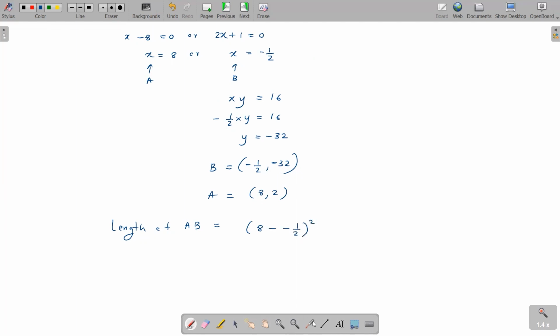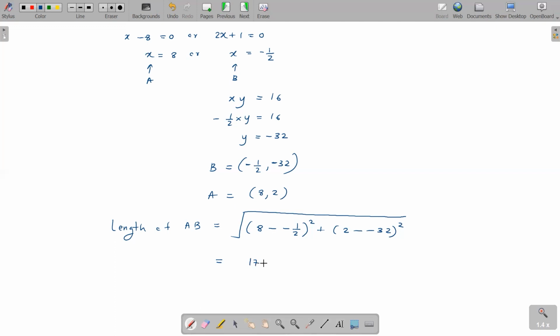Be cautious here, there are the minus signs. x1 minus x2 is 8 minus minus half, plus y1, it should be 2 again because we started with the A coordinate, minus y2 which is minus 32, whole thing square. And then square root of the entire thing should give me what? Yeah, so 17 root 17 over 2.